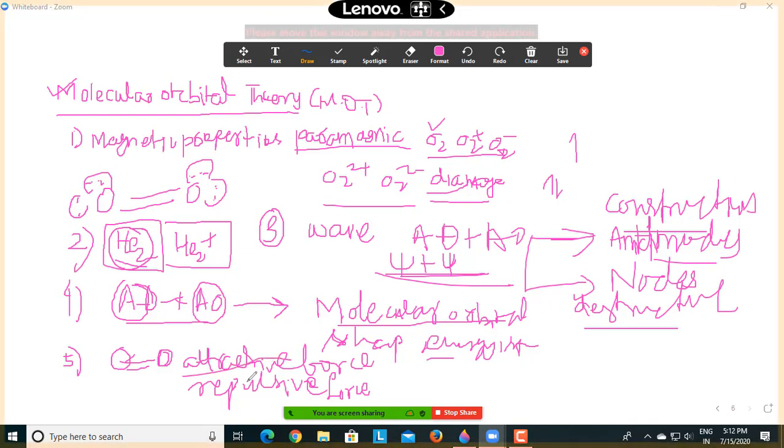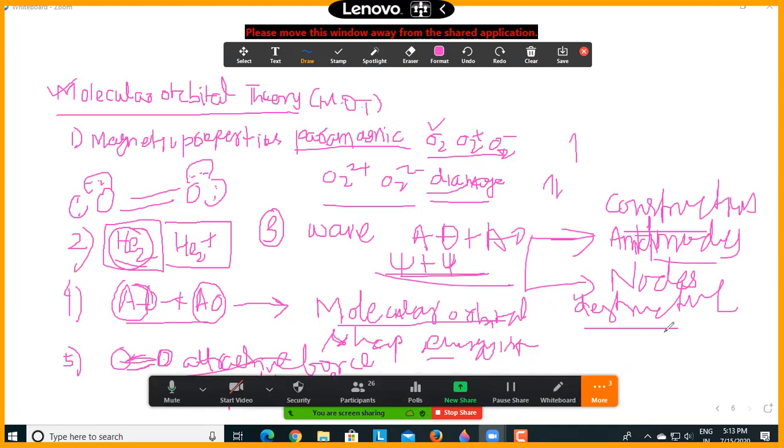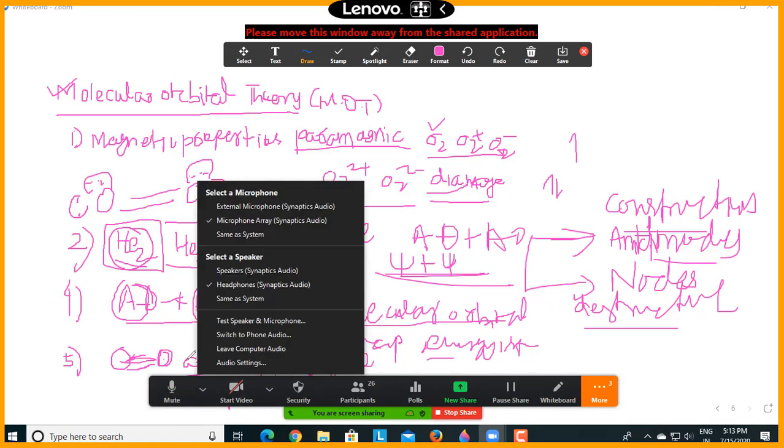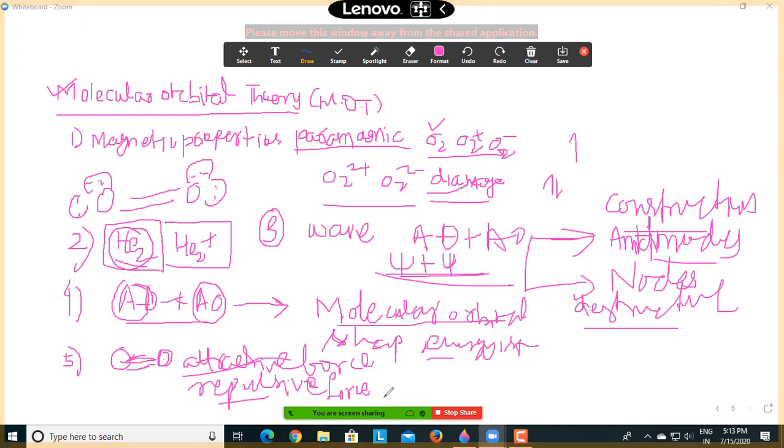So there exist two types of force: attraction between the nucleus of one element and the electron of the other, and repulsion between electrons. Electrons are also there, the nucleus is also there. So that must be considered, but that is ignored in this theory. We have to consider all the forces, then only our concept will be clear. So this is number 5.